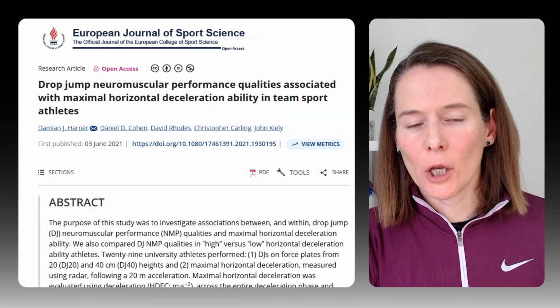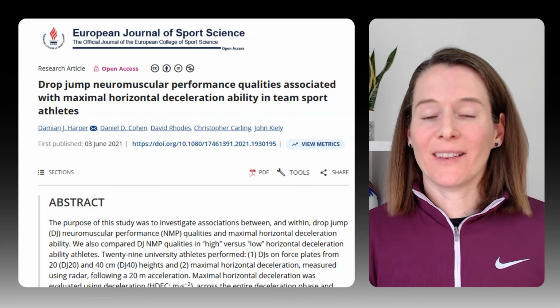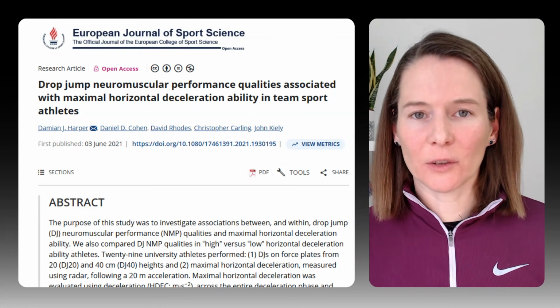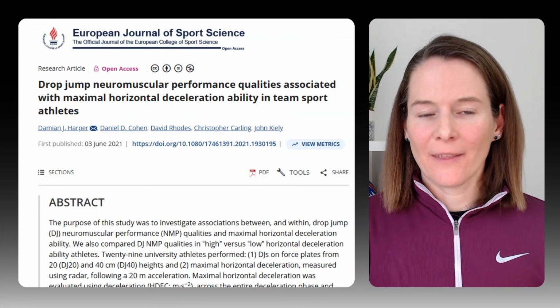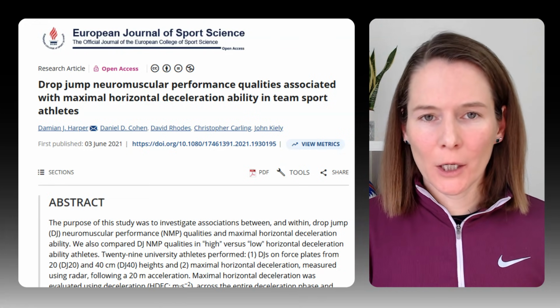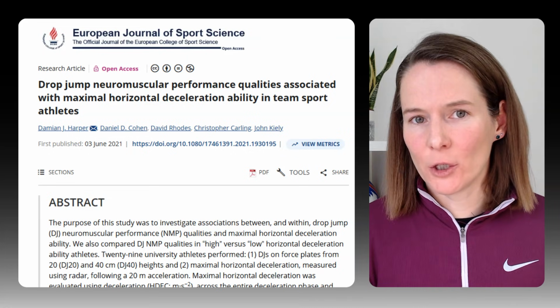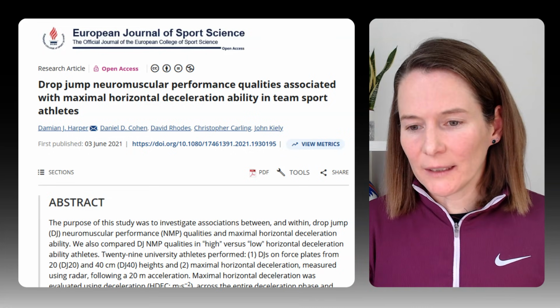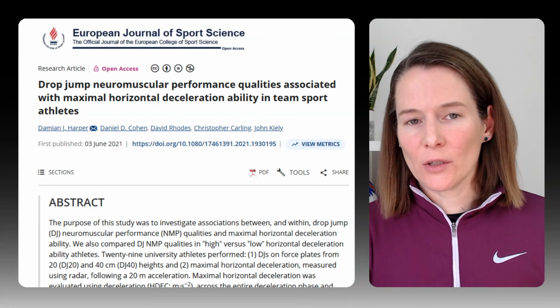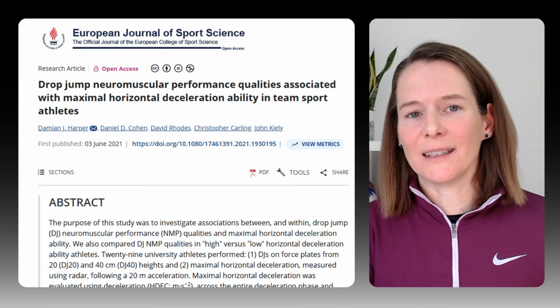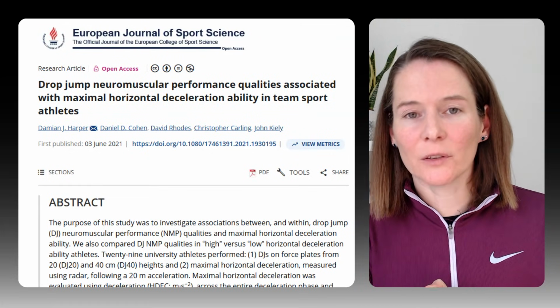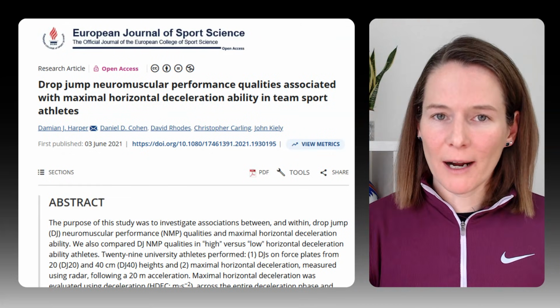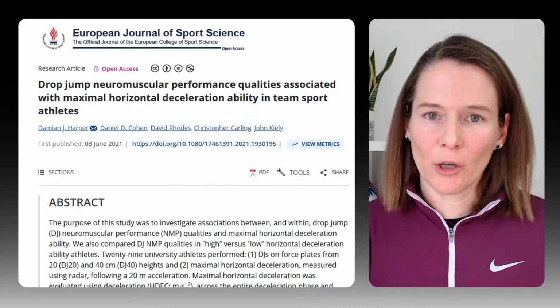Athletes with greater drop jump reactive strength index, so RSI, as I've spoken about in a previous video, they demonstrated superior horizontal deceleration ability. And unsurprisingly, there were also associations between their deceleration ability and the underlying components of RSI, so their ground contact time and their jump height.